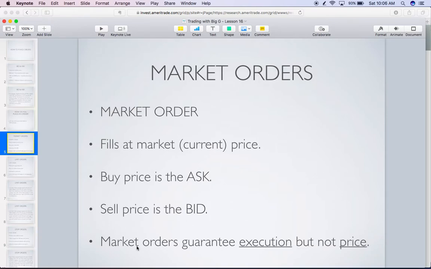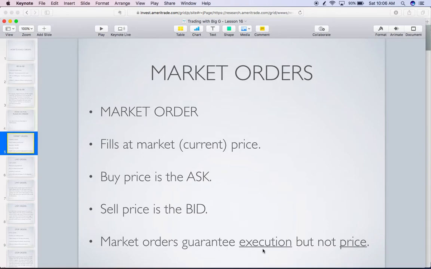A market order guarantees execution, but it does not guarantee price. In other words, if you just know you want to buy Apple and you place a market order, you're going to buy Apple, but at the current market price. So you don't determine the price, but you do determine that you're going to get in and get it.